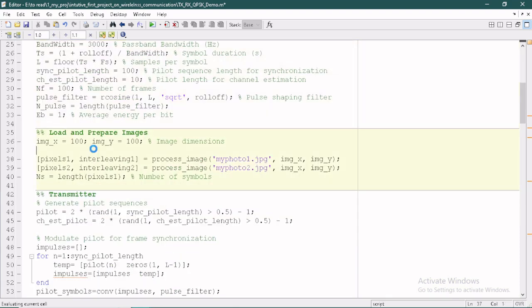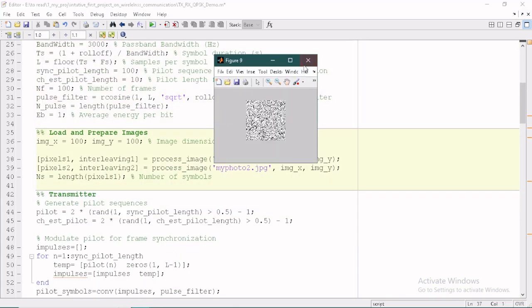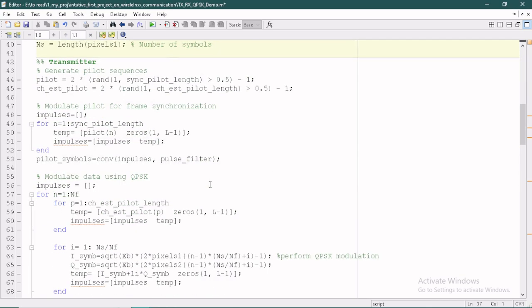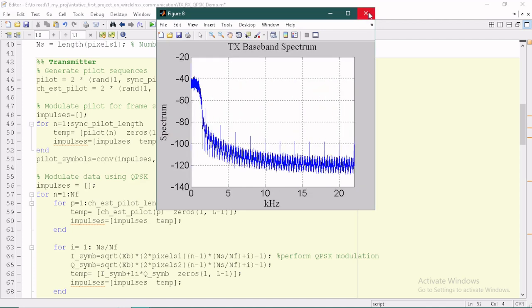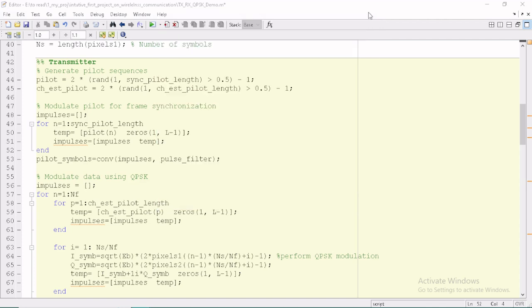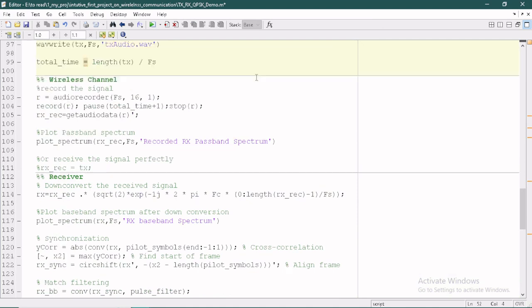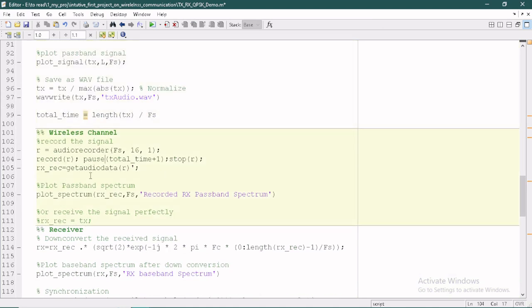Let's run this section again. Let's run the transmitter algorithm. Okay, let's close those figures. So I will demonstrate to you later how we can transmit the data wirelessly.